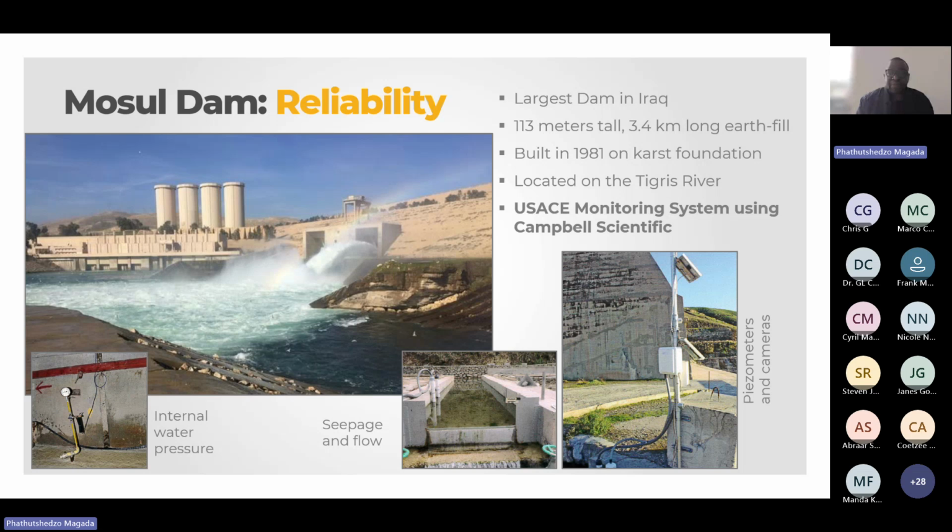The Campbell Scientific CR6 and multiplexer were selected as the main data acquisition system to collect and process real-time measurements for over 400 automated instruments on the dam. The dam was built on a karst foundation, and the consultant involved in the project who selected Campbell Scientific was the US ACE monitoring system.